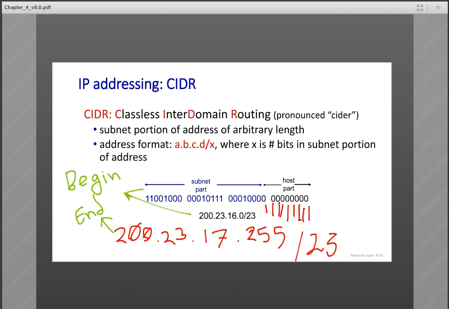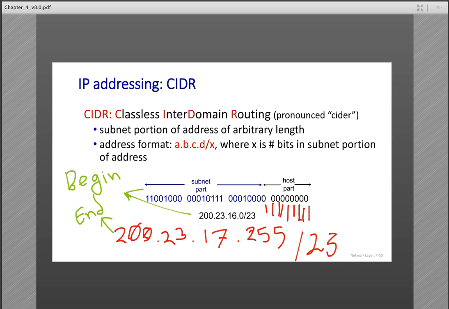So it means that in a network, always in a network, I need at least 4 IP addresses. Why?